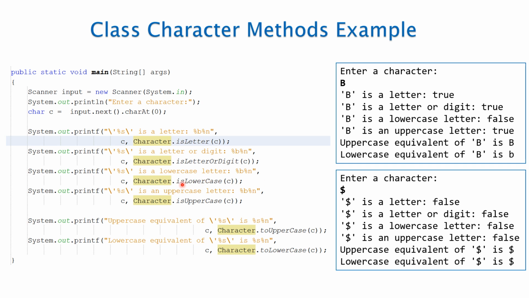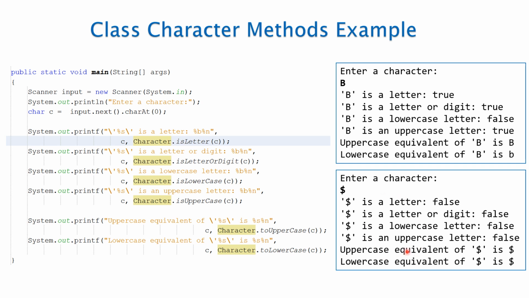The method call isLowerCase of C returns false, and the method call isUpperCase of C returns true. The method call toUpperCase of C returns also the capital B, okay? And the method call toLowerCase of C returns the lowercase b.